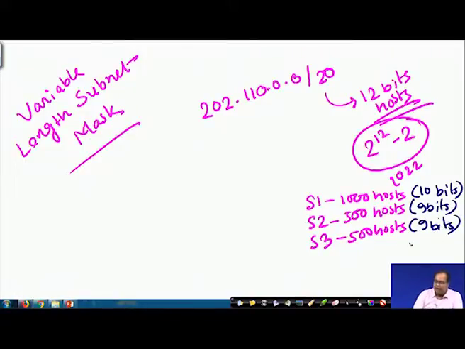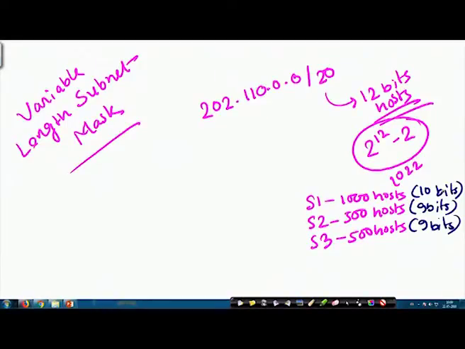Here you see that if you are using 10 bits for the host part, only 2 bits are available for subnetting. So if you want to use a fixed length subnet mask for all the subnets, then you need to keep provision for 1000 hosts for all the subnets, that is the maximum number of hosts in any of these 3 subnets S1, S2 and S3.